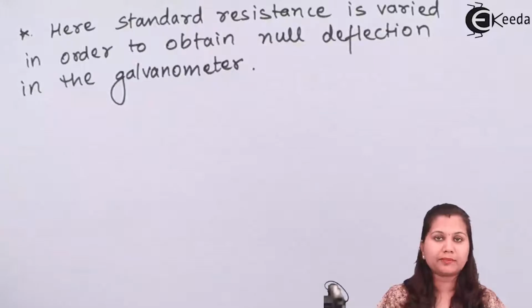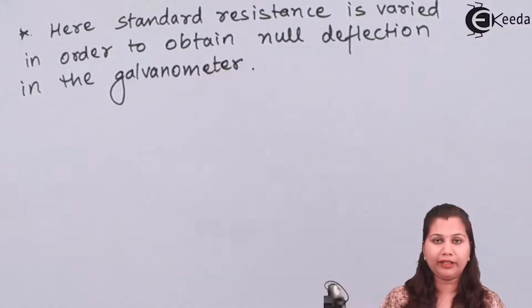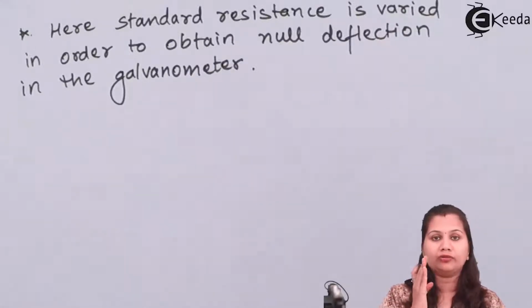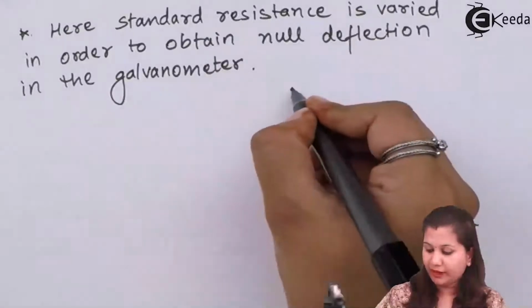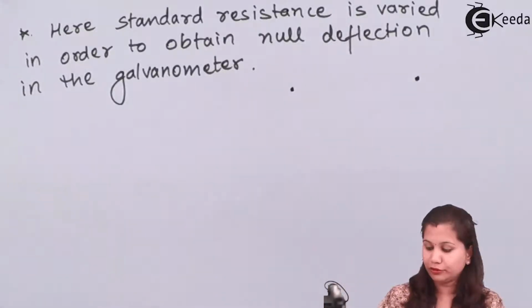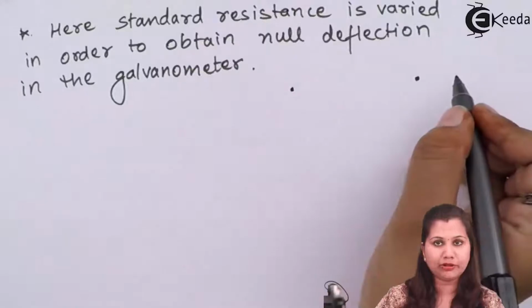Null deflection means, because the galvanometer is a deflecting type of instrument, that we will have a pointer which is going to deflect on a calibrated scale, and this scale varies from 0 to the maximum range of that galvanometer. Suppose these are the two points between which we want to find out the potential difference.